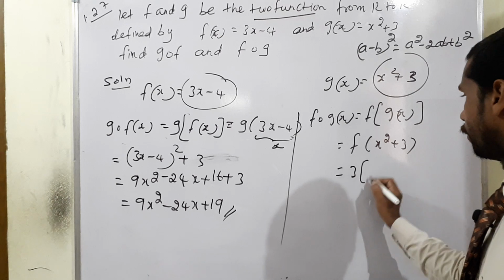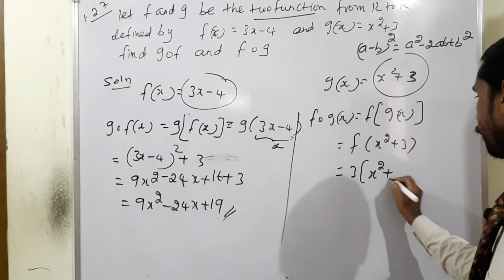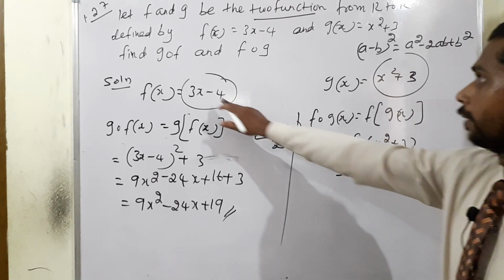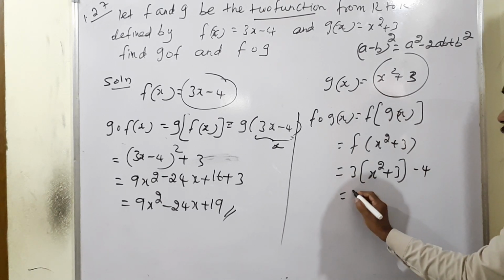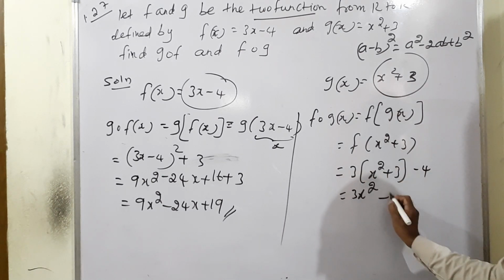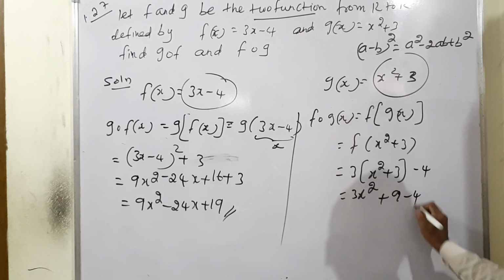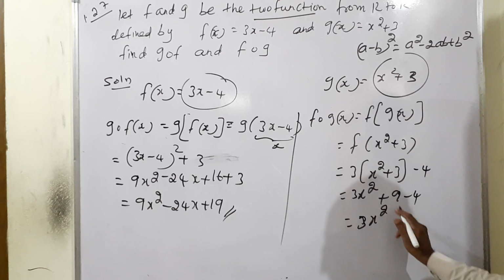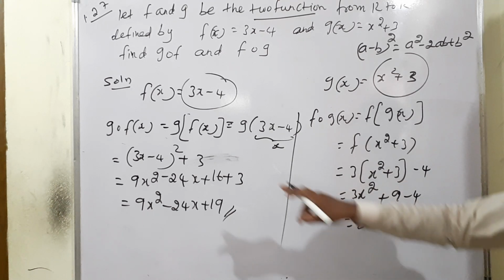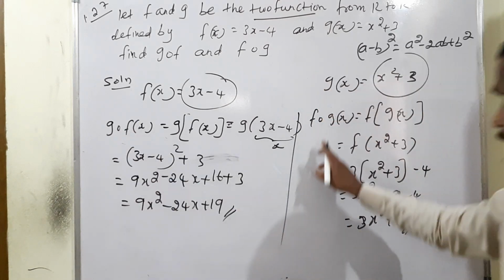Therefore, 3 into, instead of x we can write x square plus 3, remaining minus 4 is there. Therefore, if you remove the bracket, 3 into x square means 3x square plus 3 into 3 is 9, minus 4. Therefore, the final answer is 3x square plus 9 minus 4, which means plus 5. This is the answer. Okay, this is g dot f, this is f dot g.